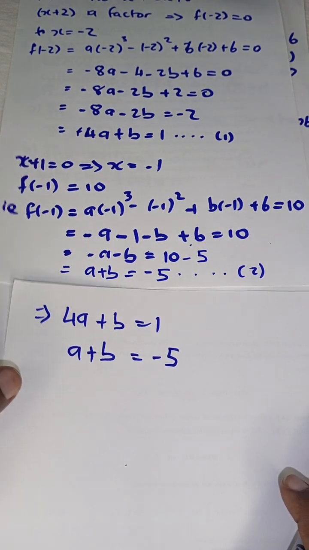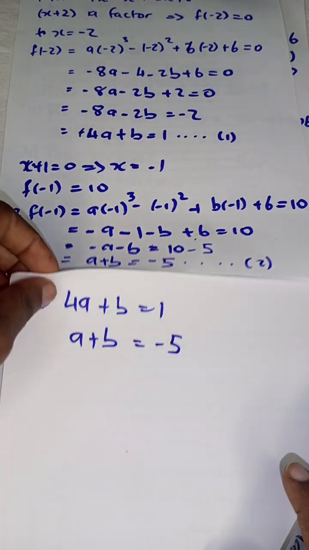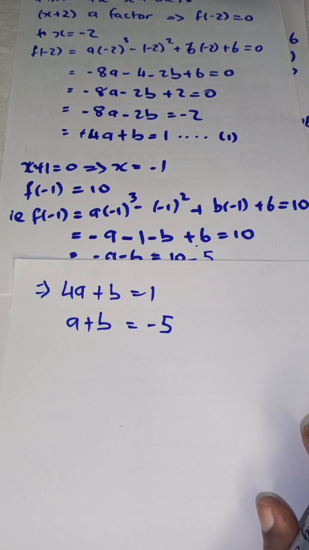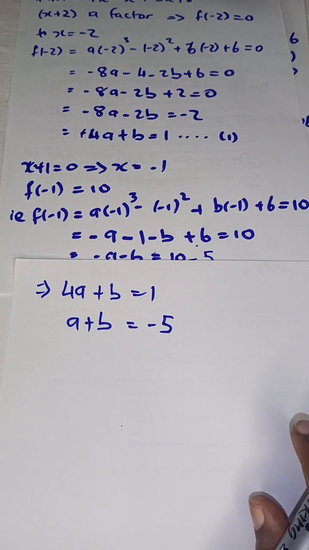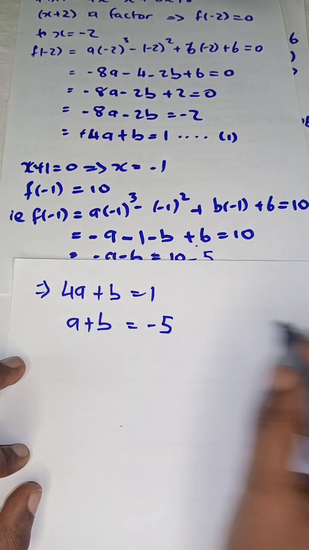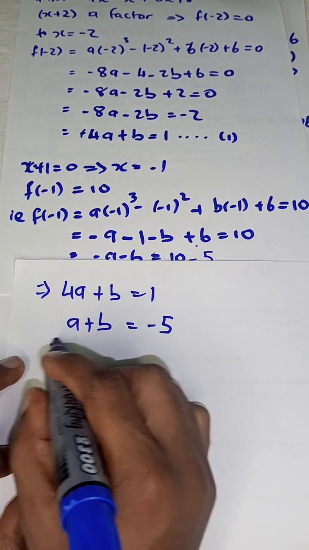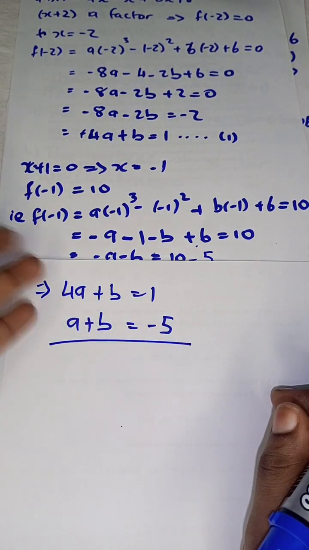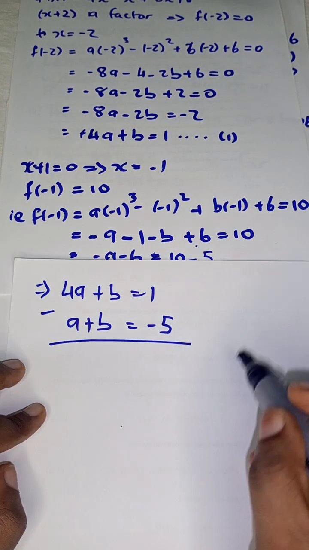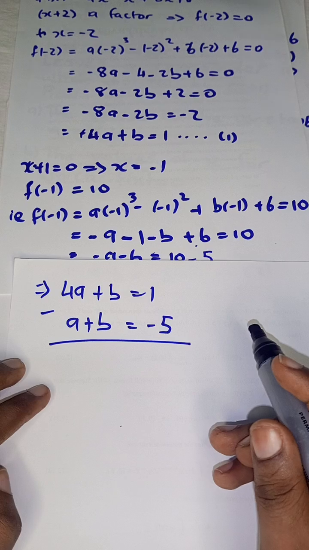Of course, you can solve using any of the methods that you're comfortable with. We have the elimination method, the substitution method, the graphical method, the matrix method. But for the purpose of this video, I'm going to use the elimination method. So I'm going to eliminate b first, because just looking at these two equations it is easy to eliminate b by subtracting equation 2 from equation 1.